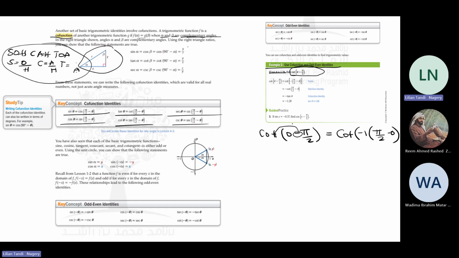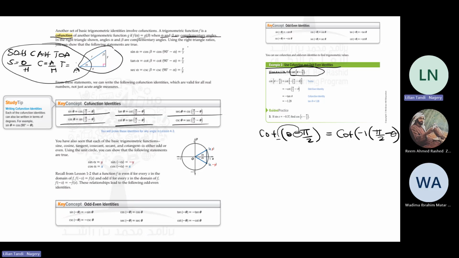If you're taking this negative outside, this is theta, not 0. Please don't make it 0. This is theta. So you'll take this negative outside. If you put the negative outside here, this theta has to be negative. And this will become positive for the question to stay the same.